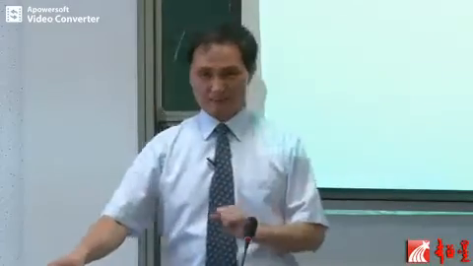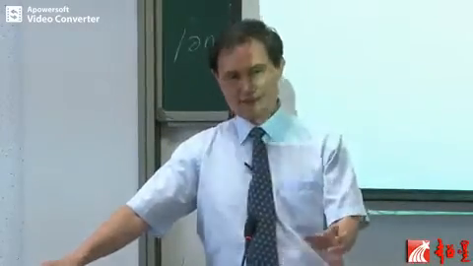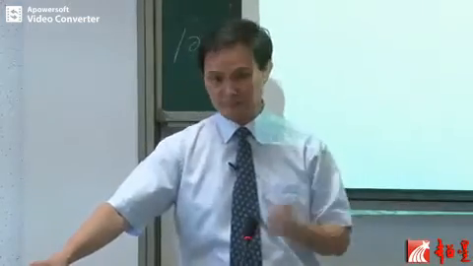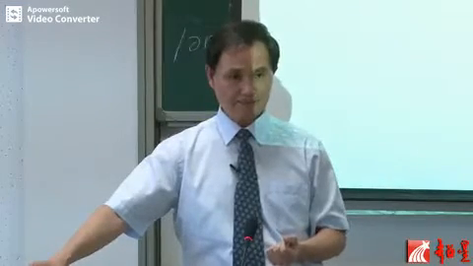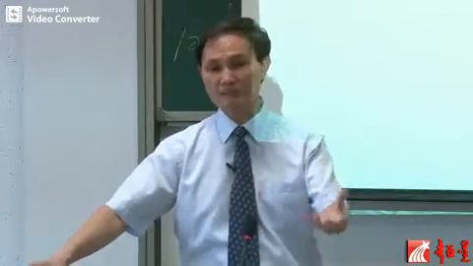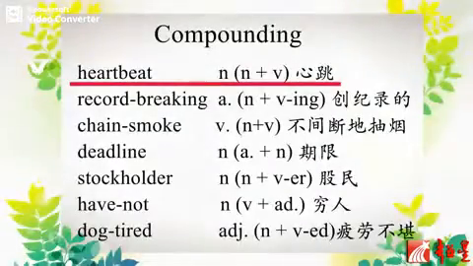Now let's look at this. Since the compound consists of two roots, many roots are words themselves. So the elements have their own part of speech. 词性. For example, heartbeat. The first is a noun, the second is a verb.